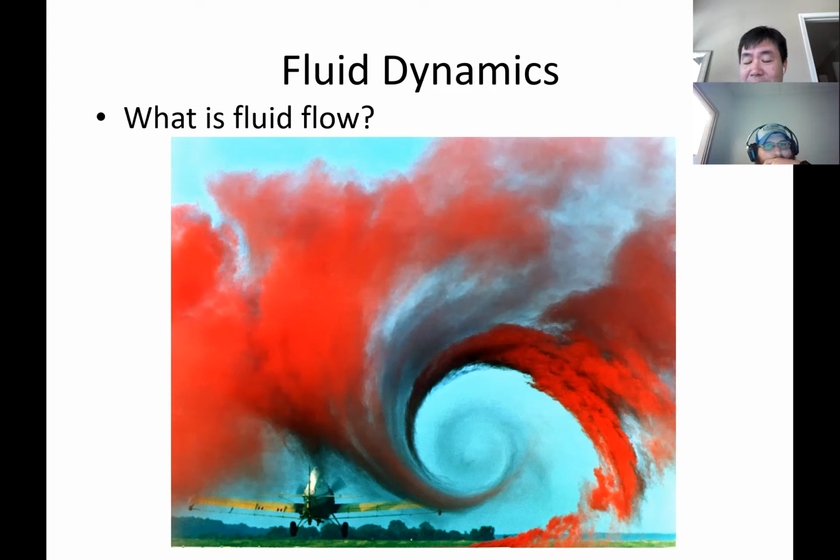Dynamics is a subject that relates the force and the movement. That's the overview, the big picture. Movement and force are related, so you have to know one to determine the other. That makes sense?